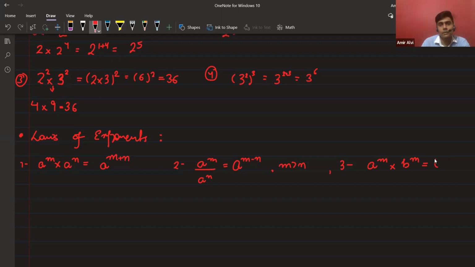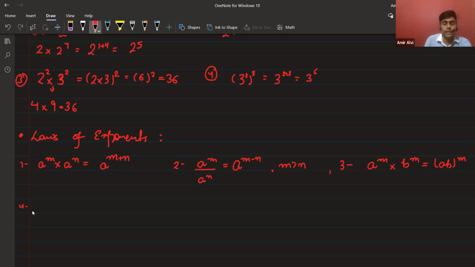We'll take a and b in bracket and write m as the whole power. Basically, we multiply a and b and take the power as the whole power. Yes or no, Simrat? Yes. Thumbs up. Very good. That's a great thing.